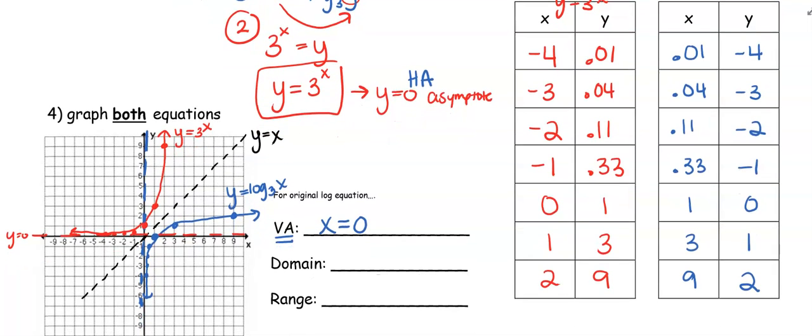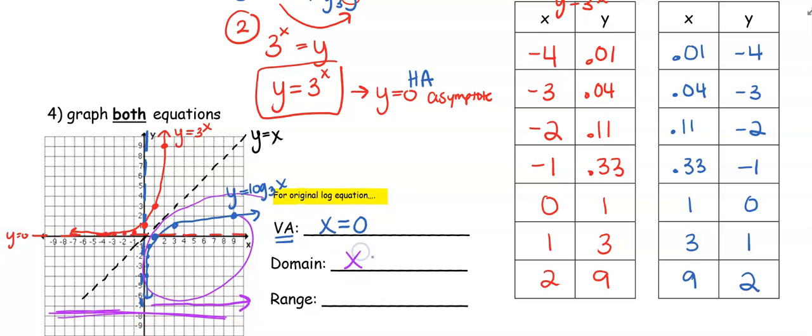We talked about domain and range with our exponential growth and decay the other day. So this time we're just going to be looking at the domain and range for the original log equation. The domain, remember, is your movement left and right, and since I'm only looking at the blue graph, my log graph is only going to exist right of the asymptote.